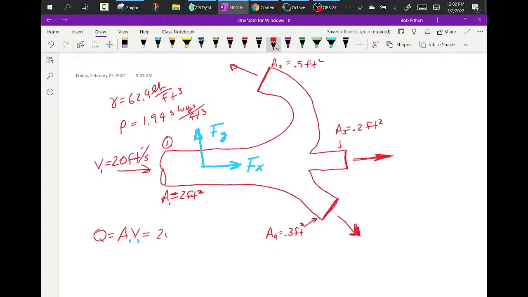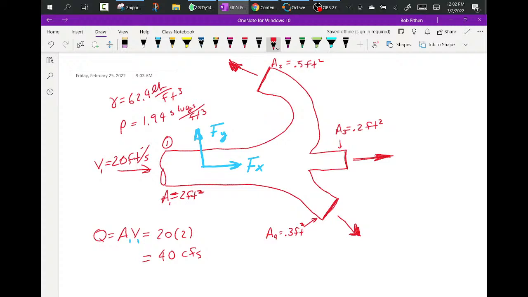So what you have is 20 times 2, or about 40 cubic feet per second. With the information I've given, I can't figure out the exit velocities unless I have some information here.